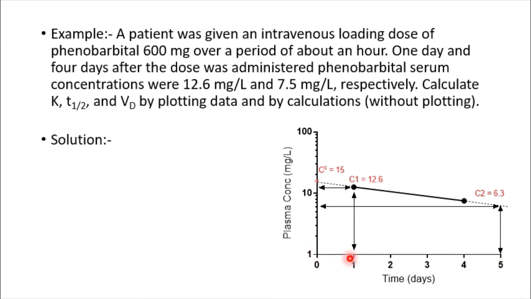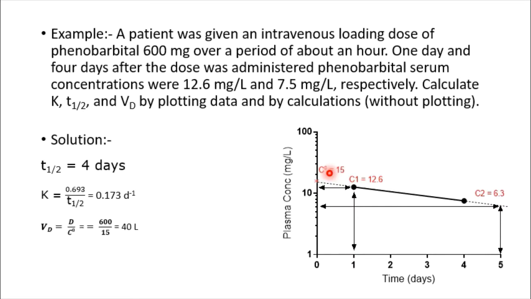According to this, the half-life of the drug is 4 days. We can simply calculate the elimination rate constant based on these calculations. Also, to calculate the plasma concentration at time 0, we extrapolate this line to intercept with the y-axis. According to this, the intercept with the y-axis gives a value of 15 milligram per liter.